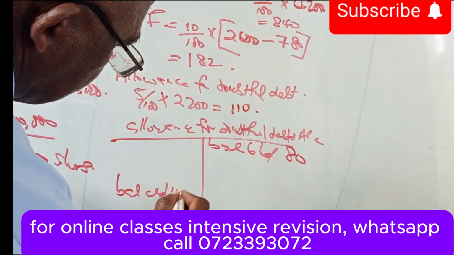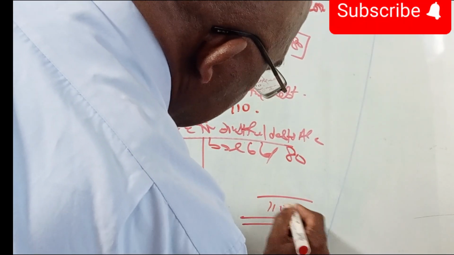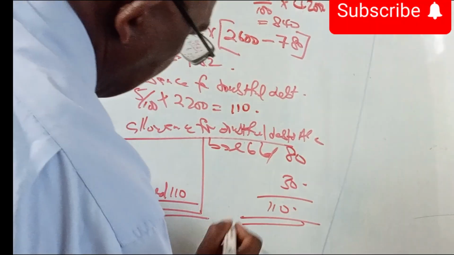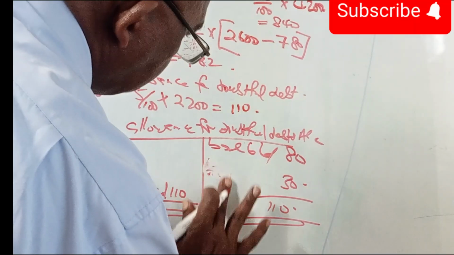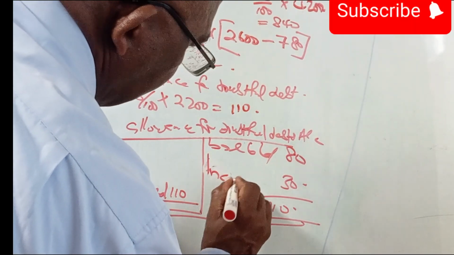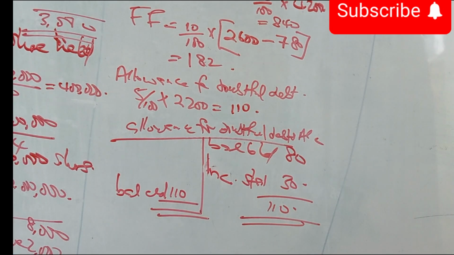So our allowance is increasing by 30, and an increase in provision for doubtful debt is an expense in the income statement. Those are the adjustments that you are supposed to make to prepare for this question well.